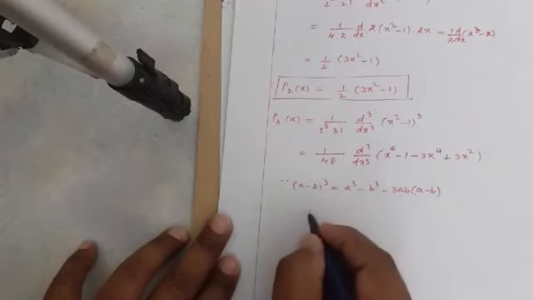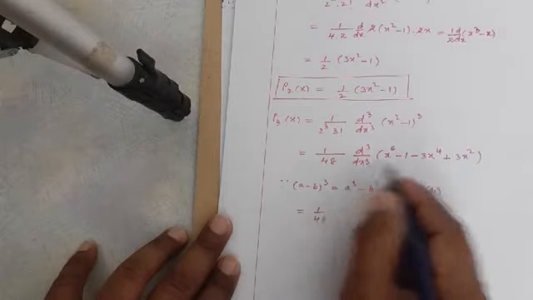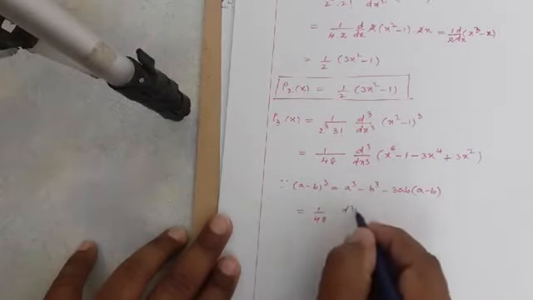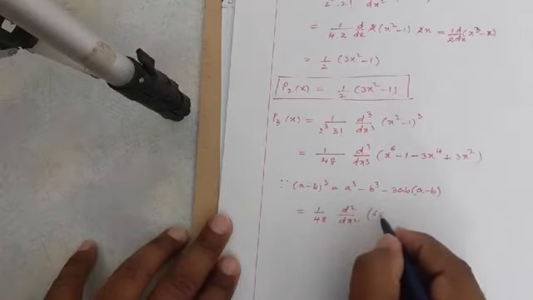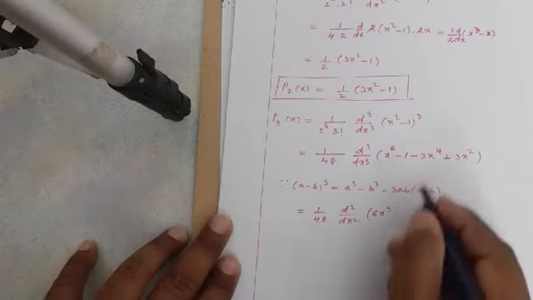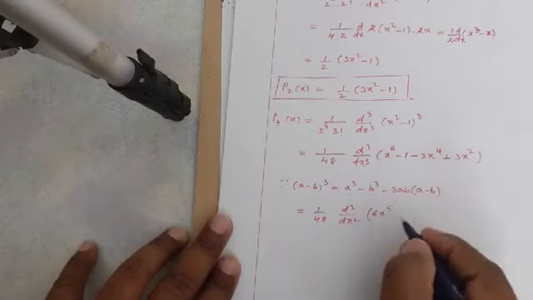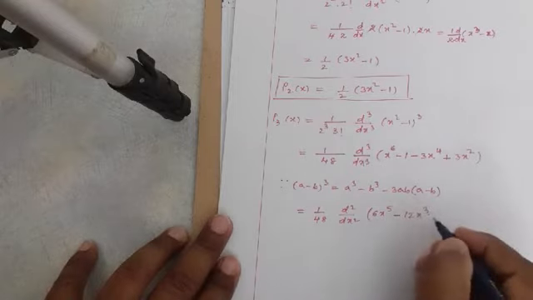At last, 1 upon 48. When you differentiate once, this becomes d square upon dx square of 6x power 5 minus 12x cube plus 6x.